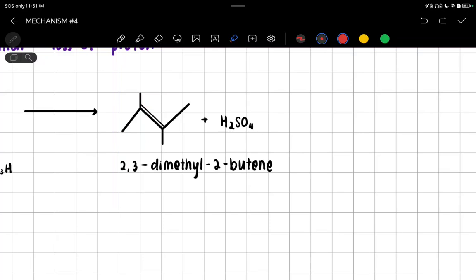More substituted alkenes benefit from the inductive effect, where the electron-donating alkyl groups can donate electron density to the carbon-carbon double bond.